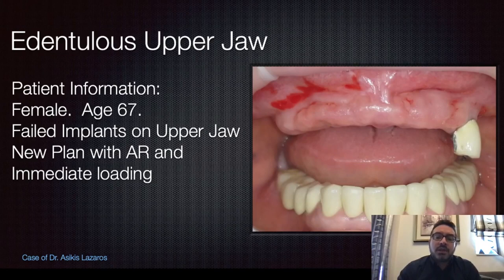And we made a new implant treatment with AnyReach implants so as to have great initial stability and provide her an immediate provisional, because she was very disappointed with the implants that she had, and she was feeling embarrassed not being able to smile because of her teeth loss.